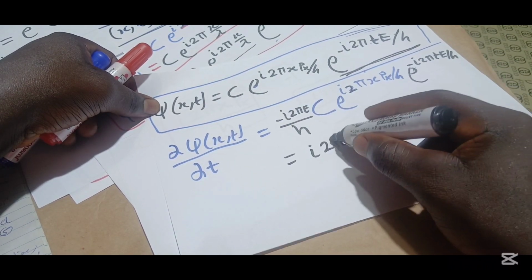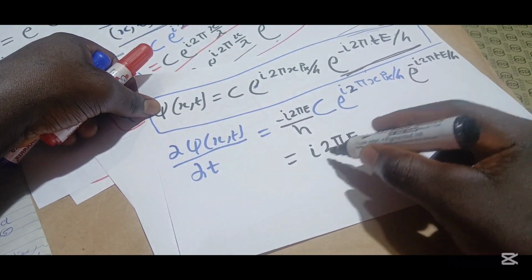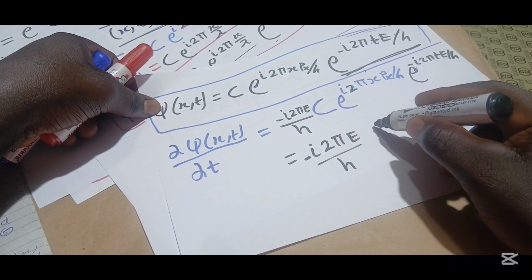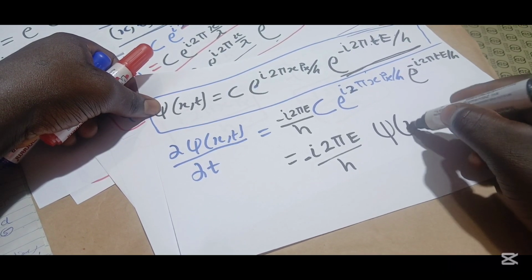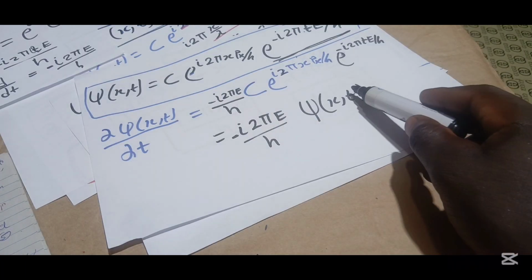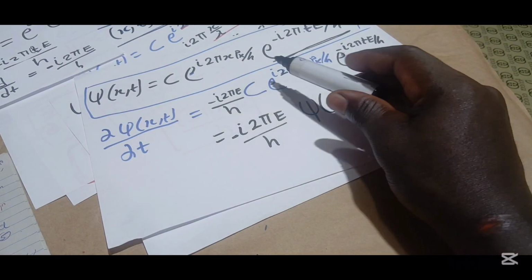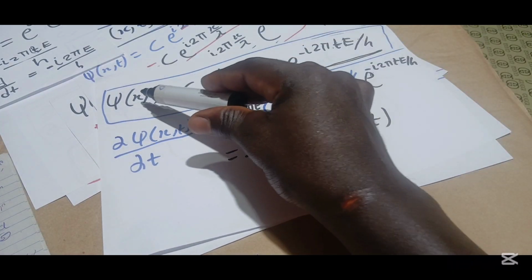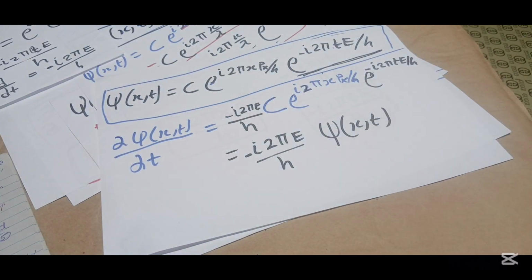So 2 pi e all on h, it should be minus, multiplying psi x of t, because this term right here is the same as the wave function. So we can just replace the wave function there.